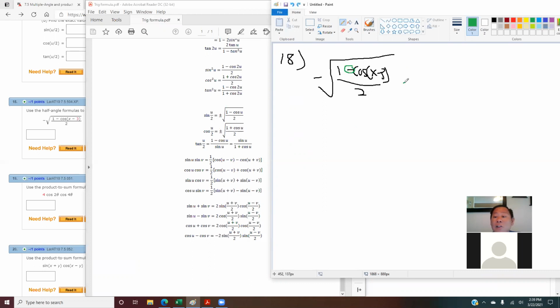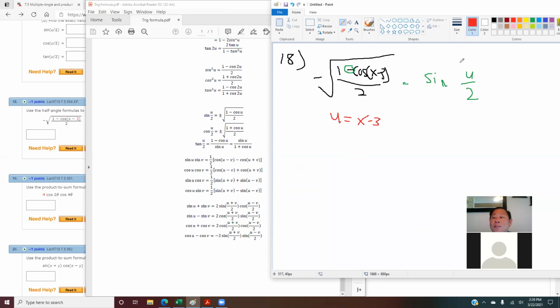Okay, so this is actually sine u over 2. Can you tell me what is u in this case? If you compare this and this, what is your u here? Would it be the x minus 3? Yes.